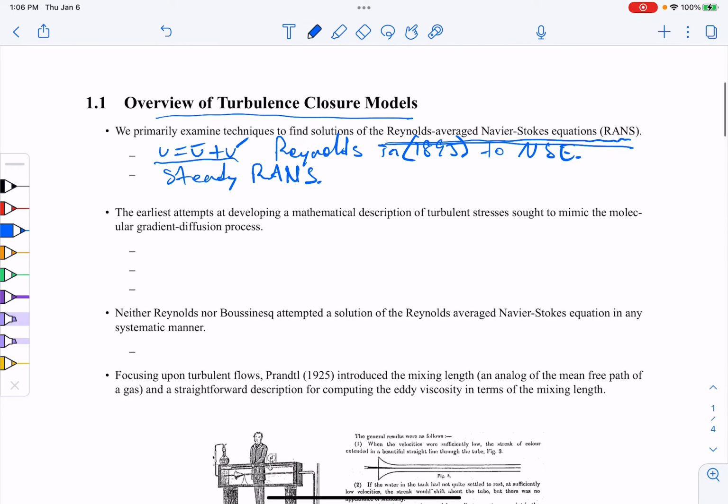Now, a little bit before that, someone named Boussinesq, and I'm going to have to spell this right, Boussinesq, I believe, 1877, he introduced what we call the concept of eddy viscosity.